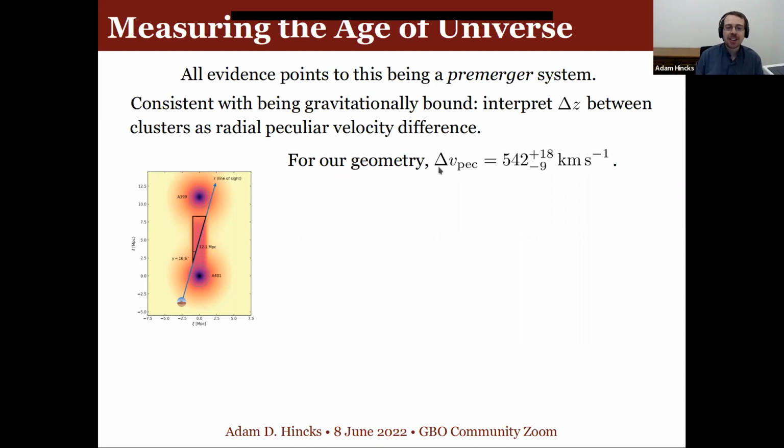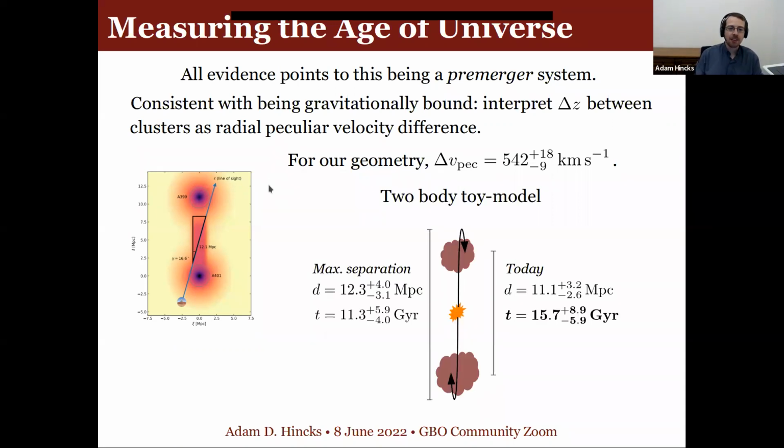And one cute thing we did in this paper was to use this to look at the dynamics of this system, and you can actually get a rough estimate of the age of the universe. So if you treat this as a two-body system, at the Big Bang, everything's next to each other, basically.